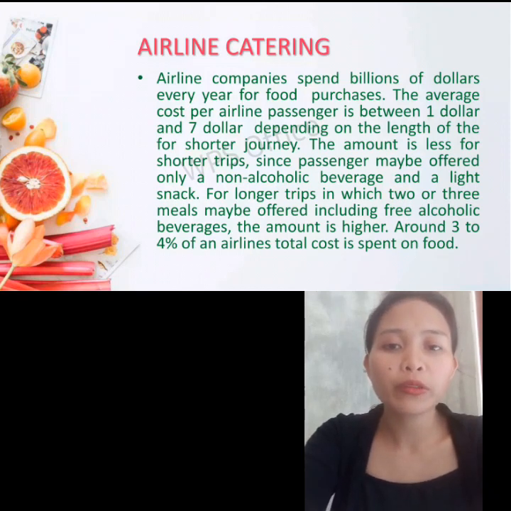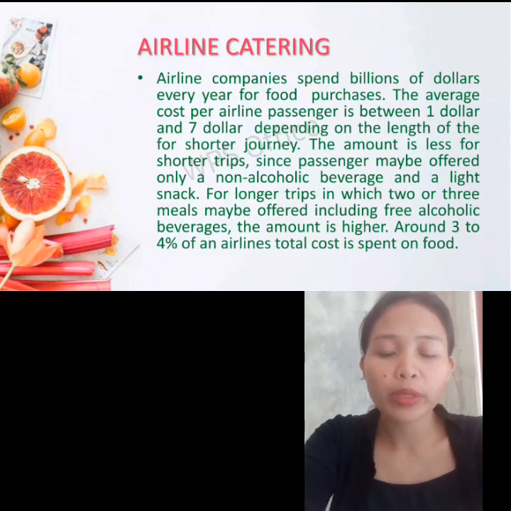The catering service providers work closely with the airlines to ensure that the meals meet the required standards for taste, presentation, and safety. Additionally, airline catering involves complying with strict regulations and standards to maintain food safety and hygiene. The catering facilities must adhere to food handling and storage guidelines to prevent any contamination or spoilage during the catering process.